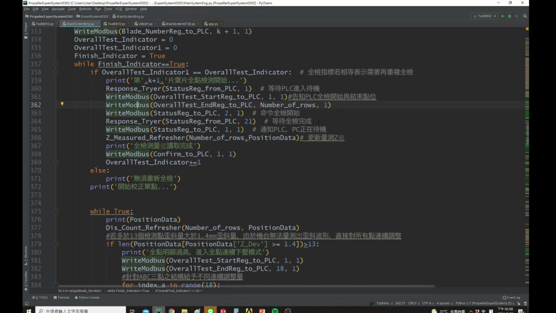Then the program will wait for the response from the PLC to call back the status code 21, which means the overall test is done.